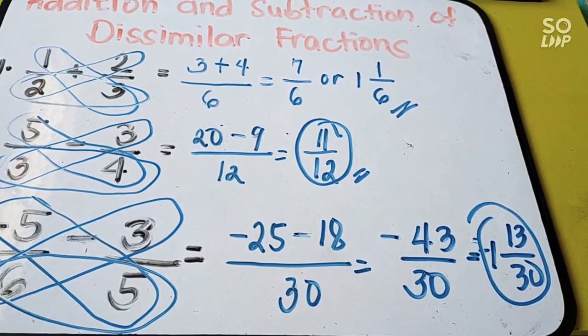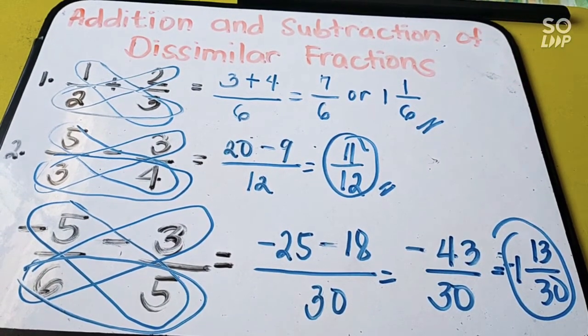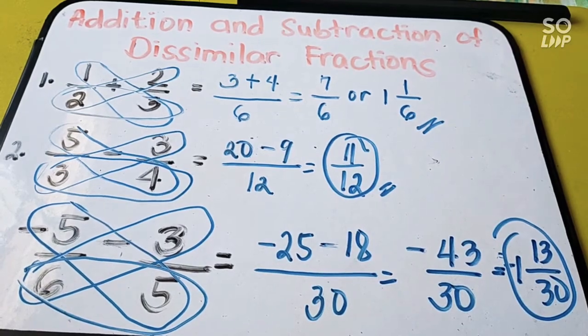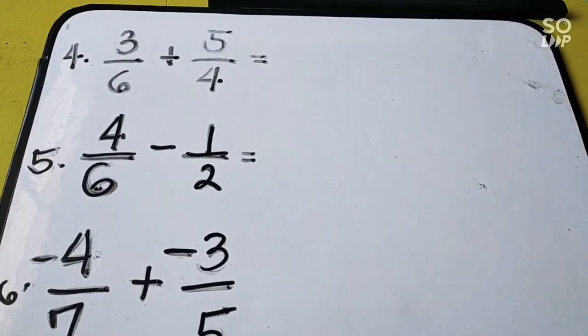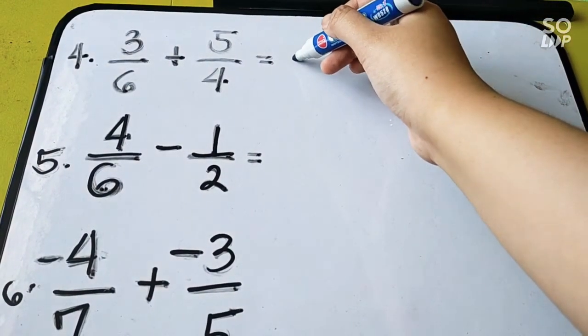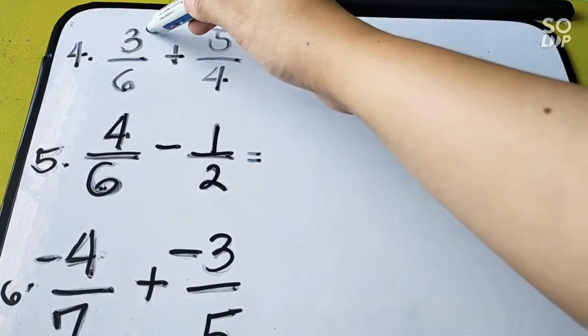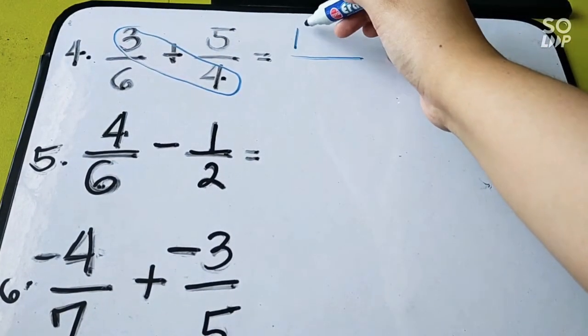Is it clear? Hope mas naintindihan nyo kung paano siya isolve. Let's have more examples. Number 4. We have 3 over 6 plus 5 over 4. Let us use the butterfly method. Multiply 3 times 4. The answer is 12.